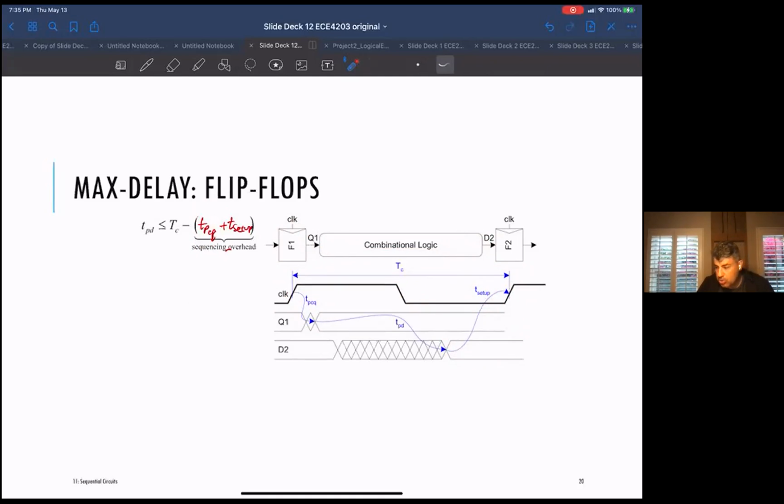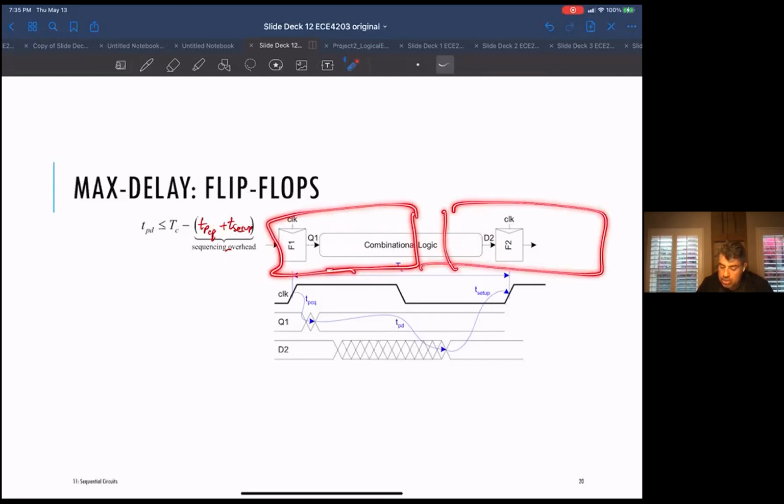So let's say you realize, hey, my prop delay through this combinational logic is too high. What are your options? Well, if you figure it out before you tape out your chip, before you send your chip out to be built, you can break this up. Maybe you realize, look, I gotta put this into two layers of combinational and sequential logic.